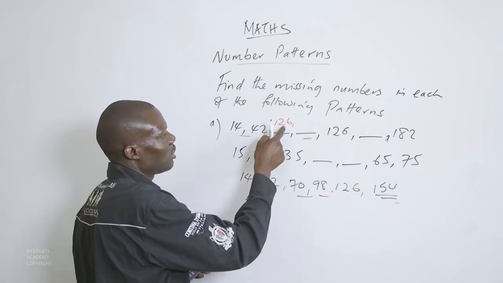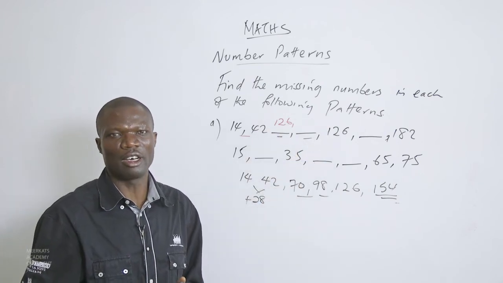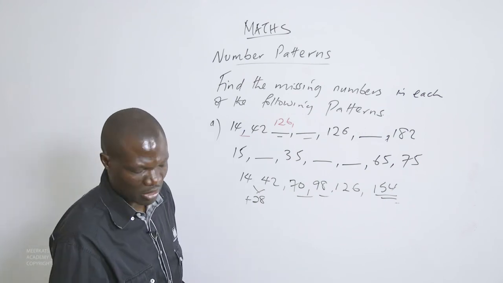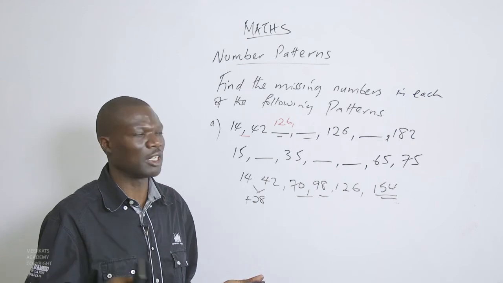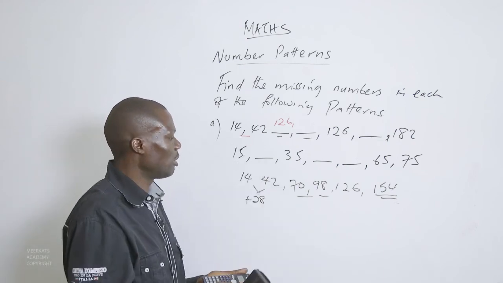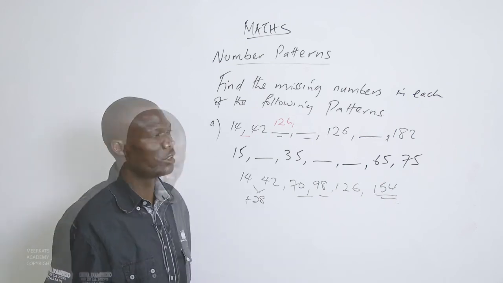So if you already have 126 and you still have 126 in the pattern, that one is a wrong approach. So find the correct common ratio or common difference that exists. In this case, the common difference is increasing by adding 28.